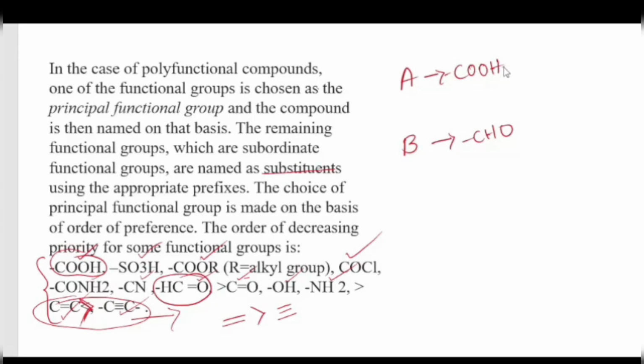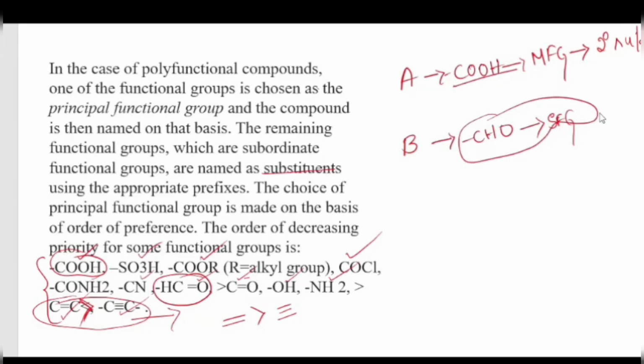That's why this is the main functional group, and this one is the secondary or substituent functional group. For the main functional group, I have to use a secondary suffix. For carboxylic acid, it is oic acid. For the substituent functional group, I have to use a prefix. What are these prefixes? We will see in upcoming slides.